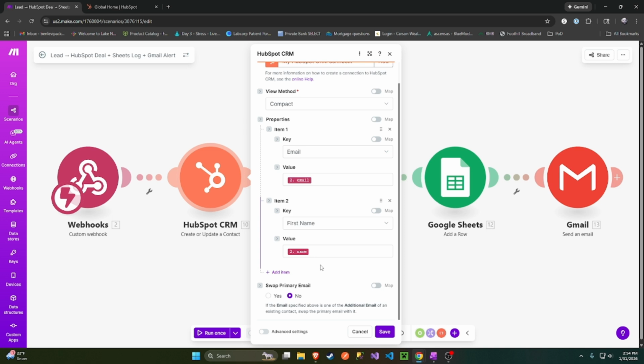When intake is clean, everything downstream becomes simpler. Deduplication works, routing becomes predictable, and follow-up becomes reliable. If intake is sloppy, the system never stabilizes, no matter how advanced the automation looks.